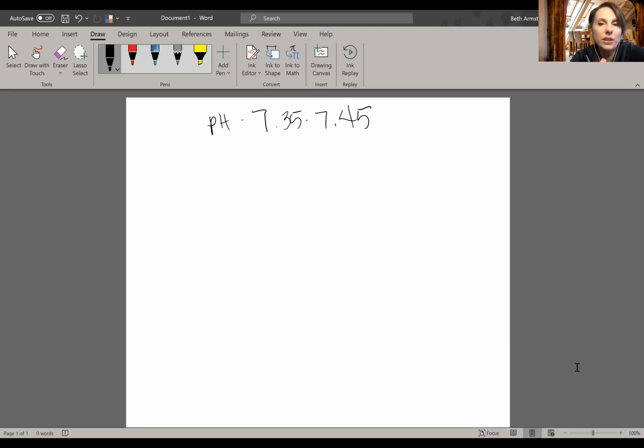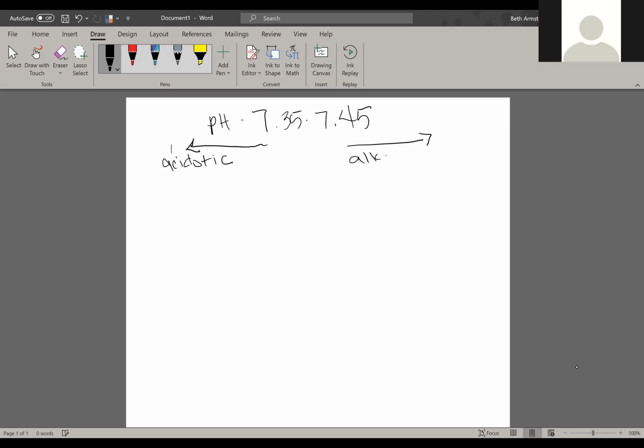But when we are looking at blood itself and determining what is acidotic versus alkalotic, if it is less than 7.35, if it's going this way, then that's going to be what? Acidic. Okay, so it's acidotic. And if it's going this way, it's going to be what?